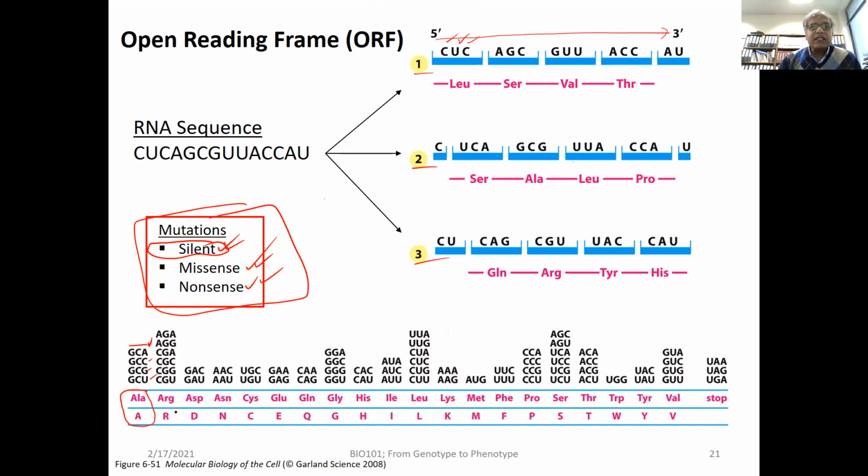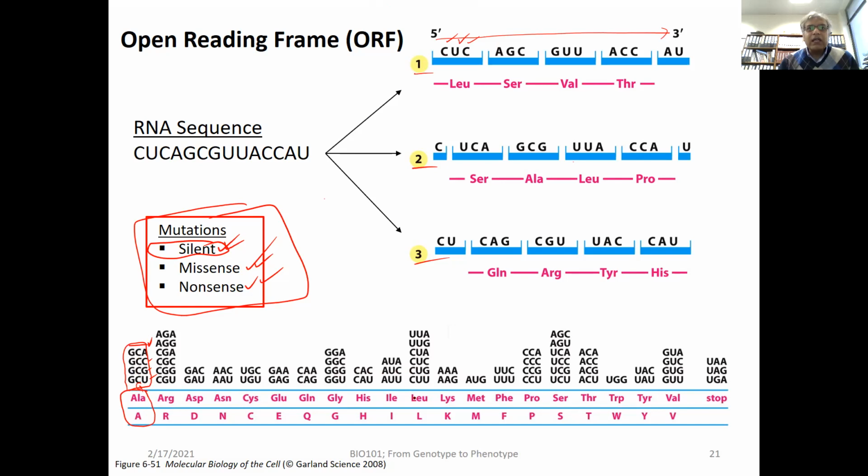Missense mutation is when, let's say we have this GCG, this C is converted into G. It has become GGU. Now it will not encode an alanine. It will encode something else.